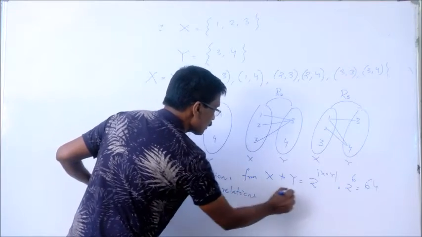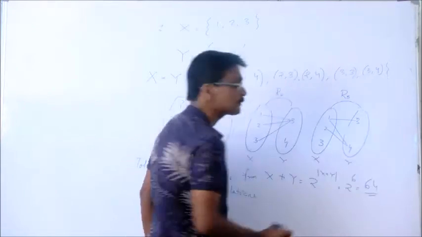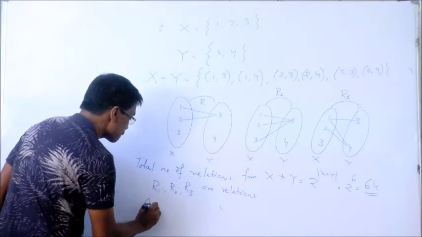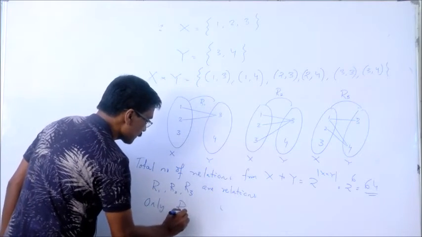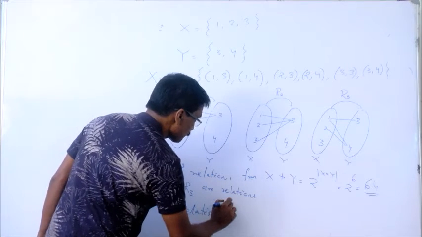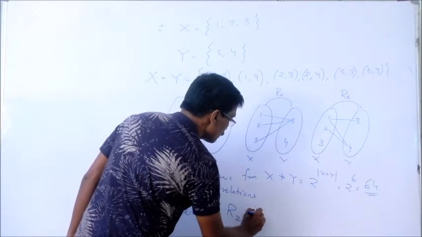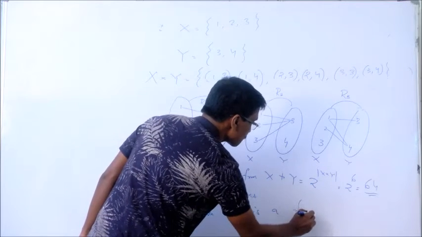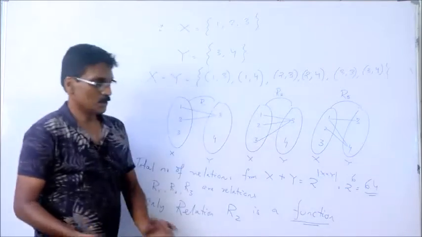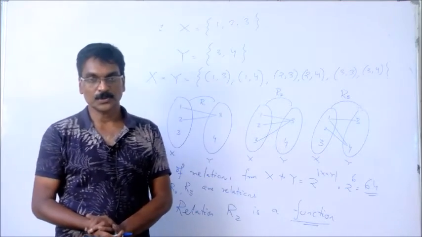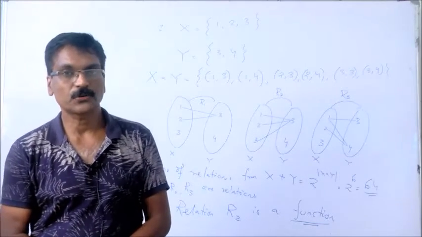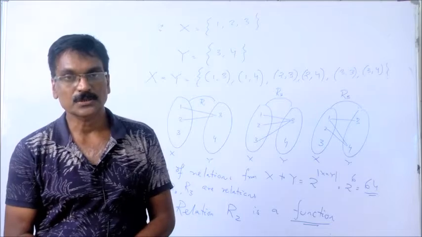Obviously, there will be a total of 64 relations, but out of these only relation R2 is a function. So, we will come across a special type of relation which is called a function.